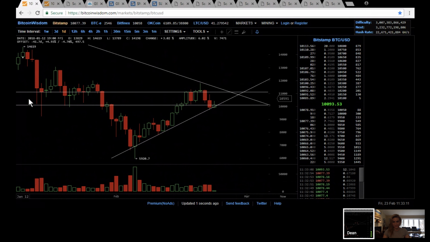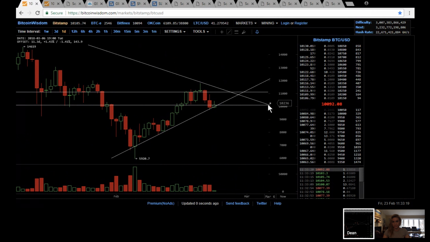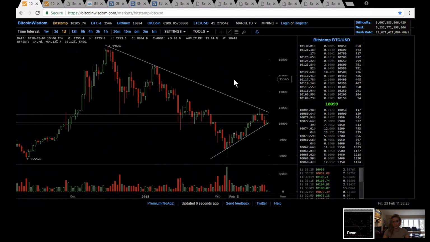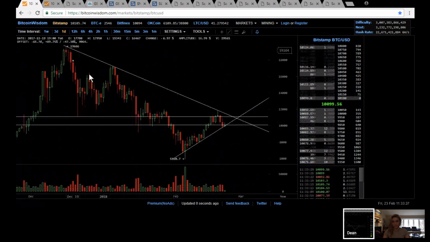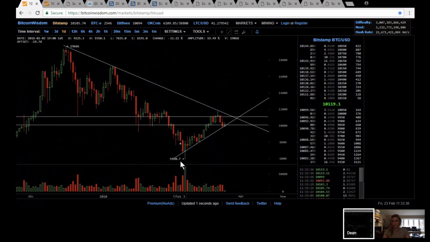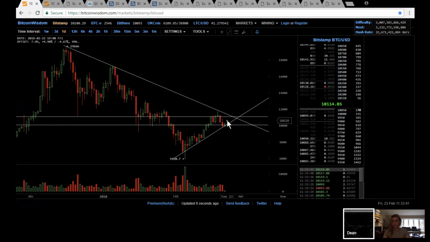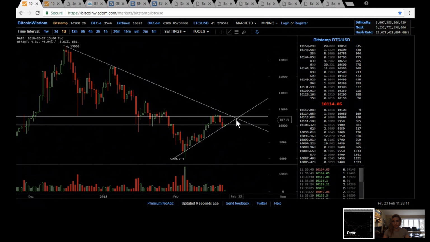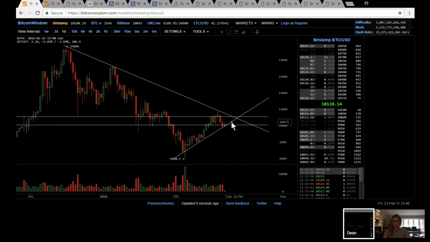If you consider this as train tracks, these two parallel lines, and you also understand that when you come to an apex of a very large triangle, which this one is, and includes in it all of the data points from the very high at 20,000 to the very low at 5,900, it's very clear that in approximately 1, 2, 3, 4 to 5 days, we're going to meet at this apex.